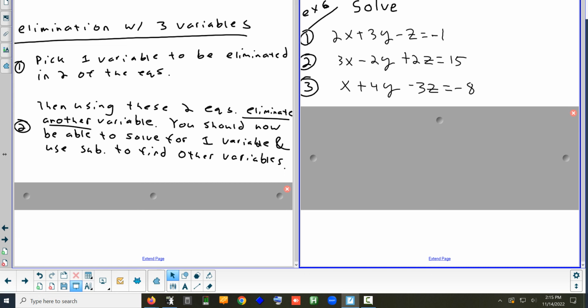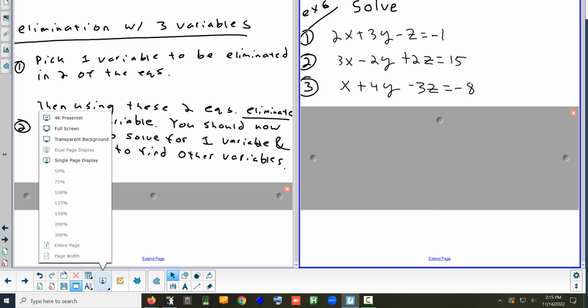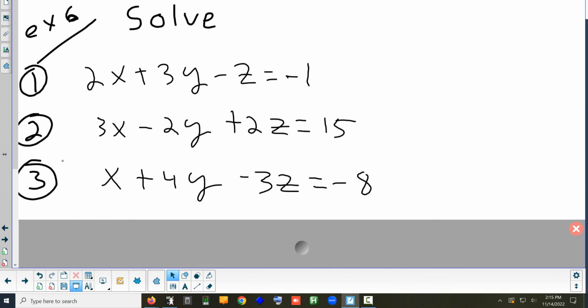Does everybody have the left side? You have lots of choices here. The goal now is to pick an equation and use that equation to eliminate a variable in the other 2.